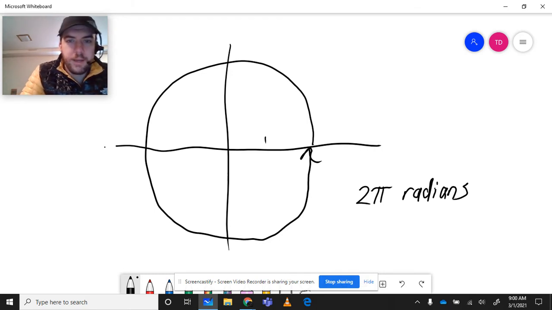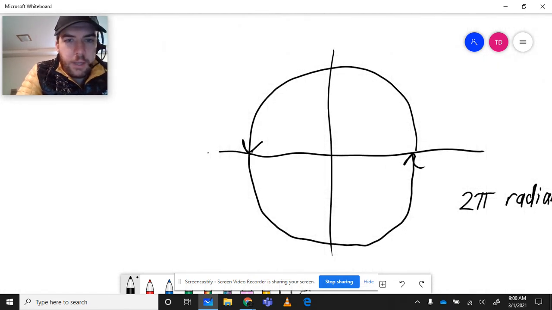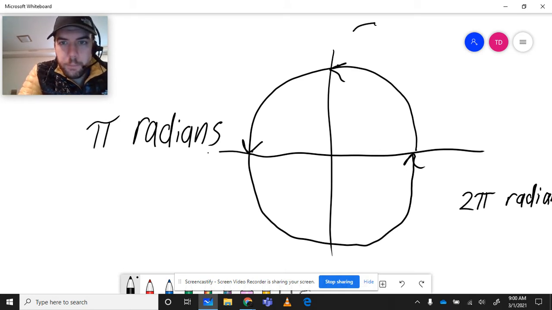So if I went halfway around the circle, if I went 180 degrees, okay, if I had an angle that was 180 degrees, that would not be 2 pi radians, that would be pi radians. And if I went a quarter of the way around a circle, I would have pi over 2 radians.